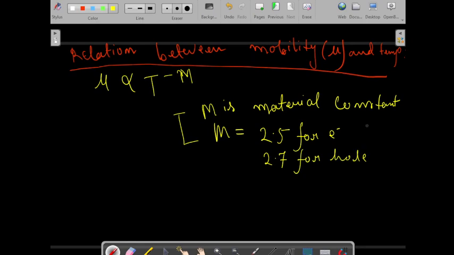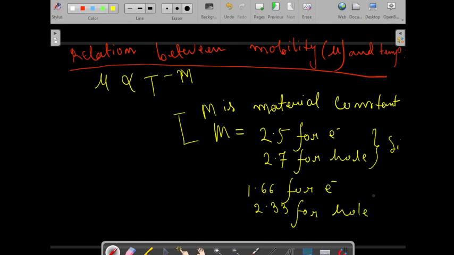This value is for silicon, and 1.66 for electron and 2.33 for hole. The second value is for germanium.